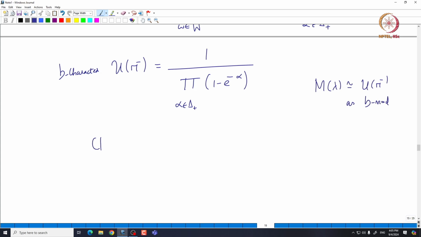So the character of M of lambda, because it has highest weight lambda, is given by e power lambda divided by the product of 1 minus e power minus alpha, alpha in delta plus.